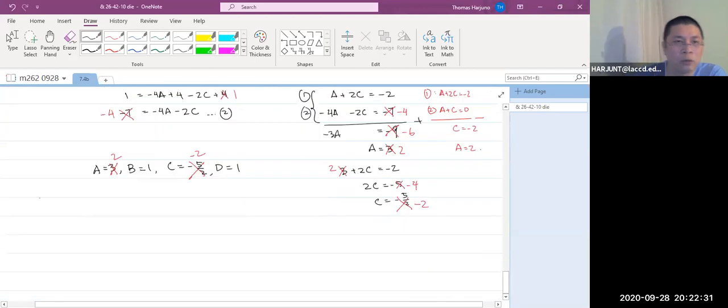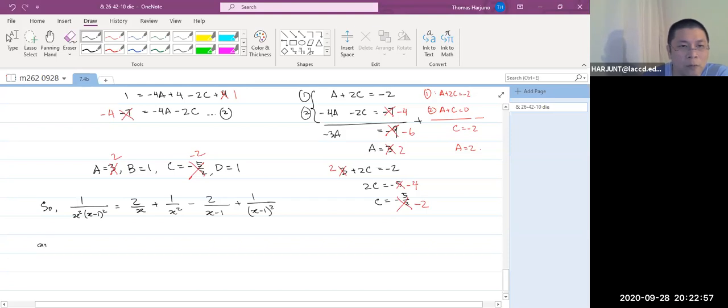Now go back to the question. So 1 over x squared times (x minus 1) squared equals 2 over x plus 1 over x squared minus 2 over x minus 1 plus 1 over (x minus 1) squared.